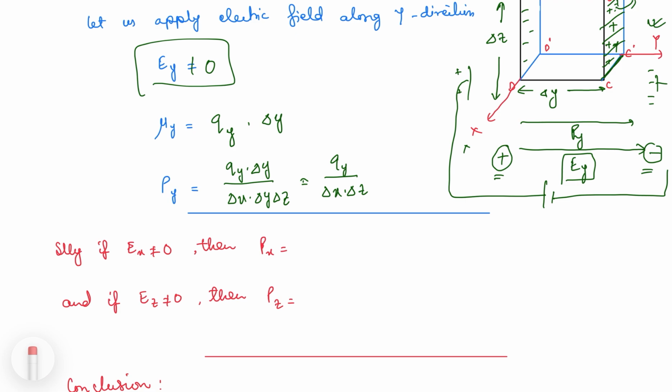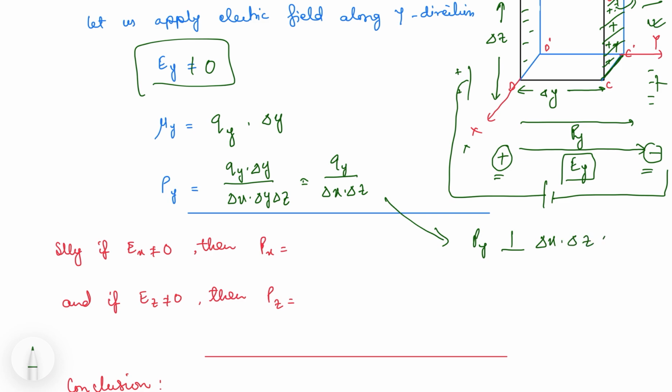One side is delta x, the other side is delta z, so the area is delta x into delta z. So Py is perpendicular to this delta x into delta z area.